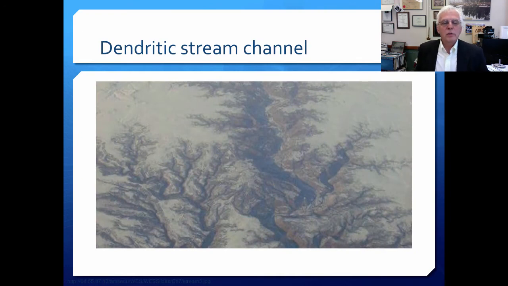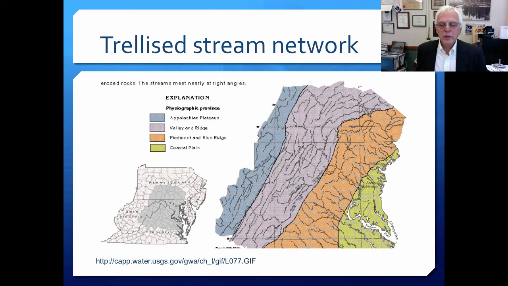Here's a kind of a standard dendritic looking stream channel. Looks very much like a craggy tree, and this is in a fairly uniform substratum. Here's a trellised network, and this trellised network is seen, in this case, in the Appalachian plateaus and Piedmont mountains.